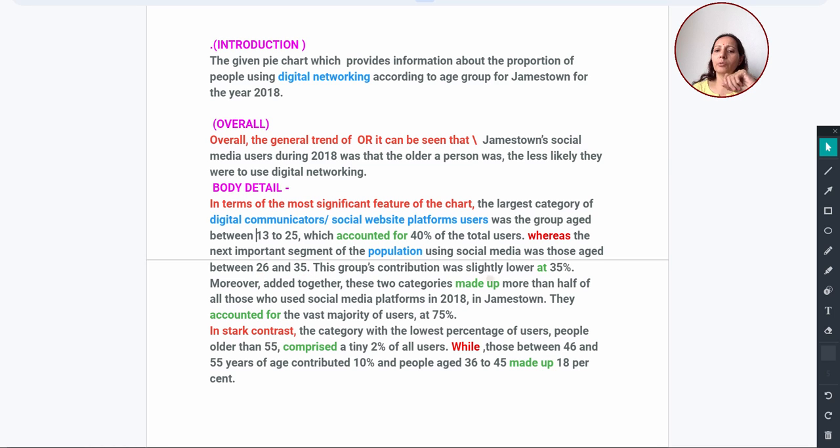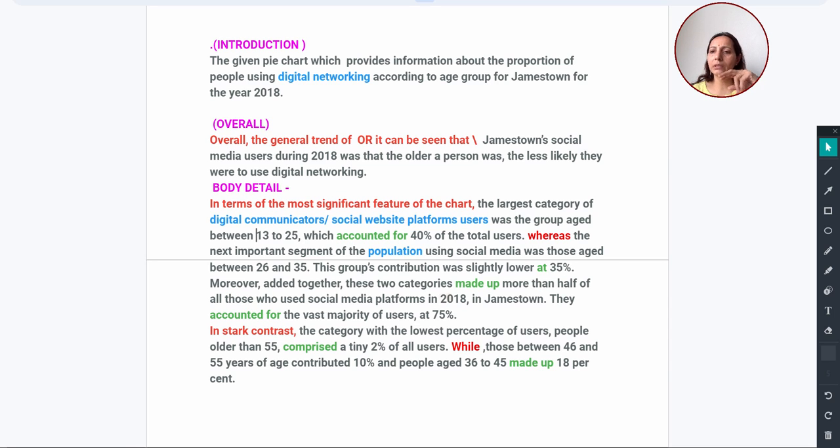This group's contribution was slightly lower at 35%. Moreover means next category. Added together, these two categories, if they are combining out of 100%, 40 plus 35%. Okay, this we have done.